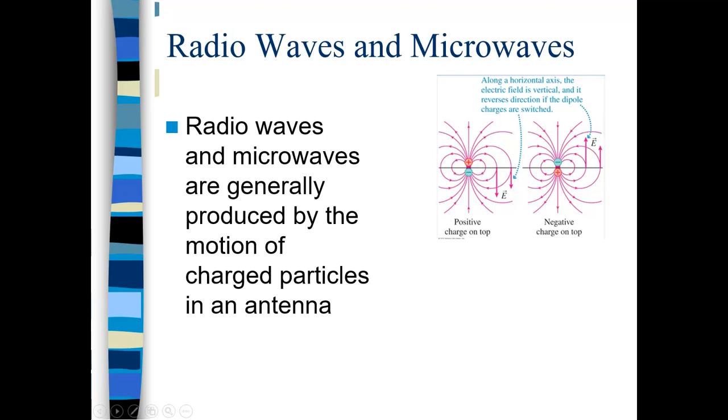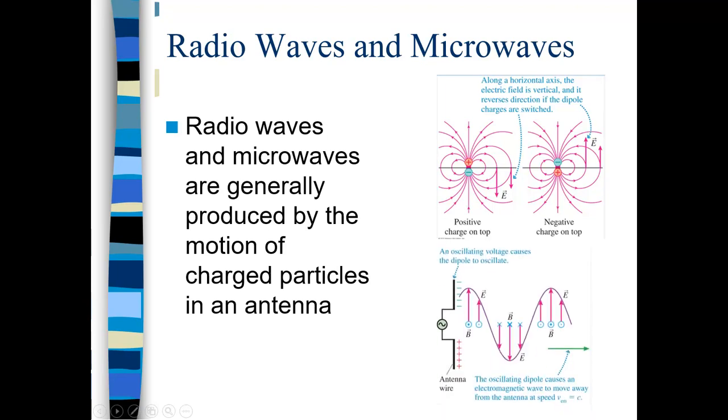So the electric field goes up and down as the charge polarity on the antenna changes. The magnetic field goes in and out of the page.